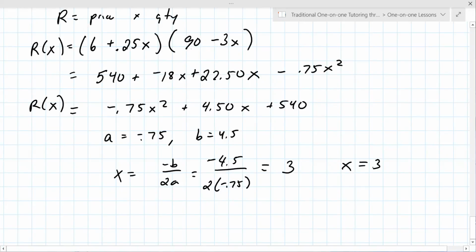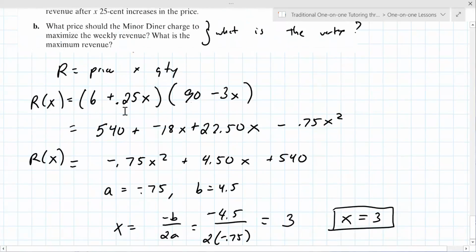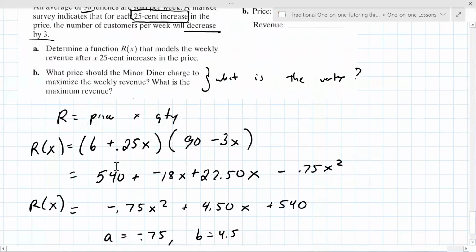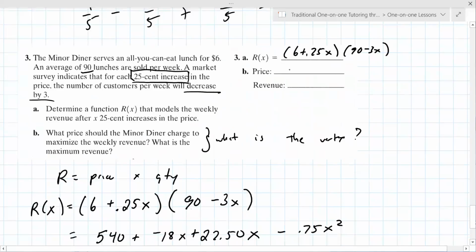Okay. x is not the price. It might feel like that's the right answer, but it's not. x is 3, but price is this 6 plus 0.25x. We know that x is 3, so it's 6 plus 0.25 times 3, which is 6.75.